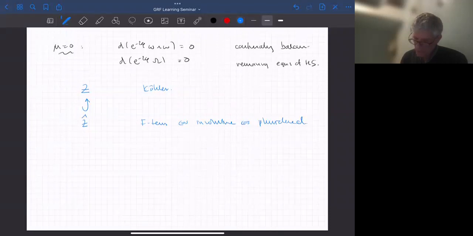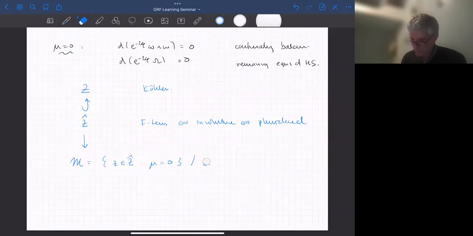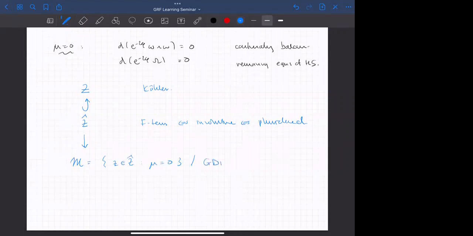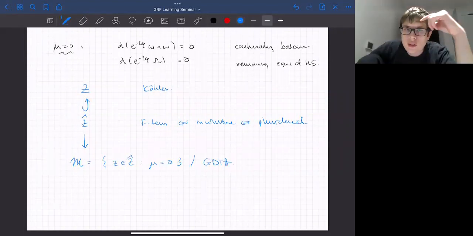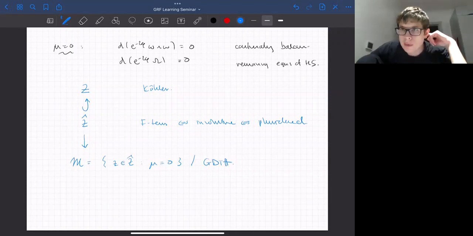From here, we can take a quotient to some moduli space, which should be points in here such that the moment map vanishes, and then we mod out by generalized diffeomorphisms. So that last arrow is not really an arrow, I mean, it's not a map. It's just a procedure.